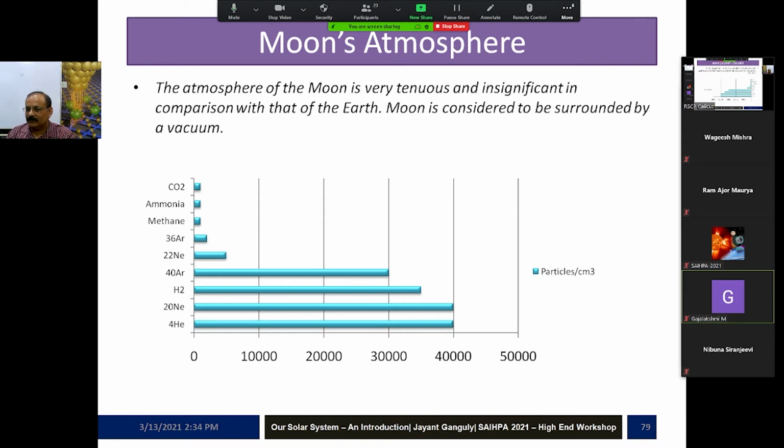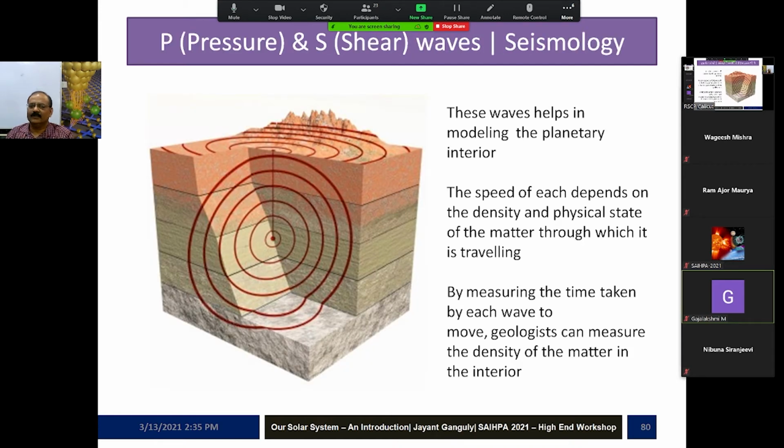Whether it had a very strong atmosphere is also questionable because of its geological features that we will see. Through analysis by various instruments which have visited there, we know the gases shown here: argon, hydrogen, neon, and some in very small portions.